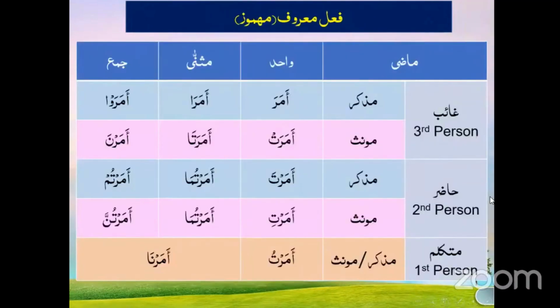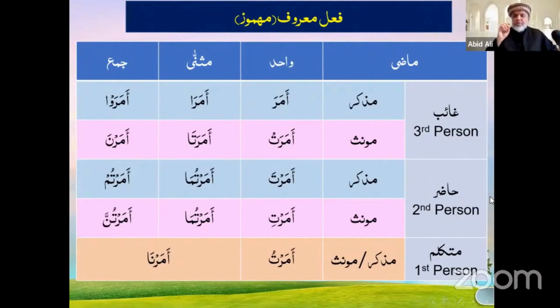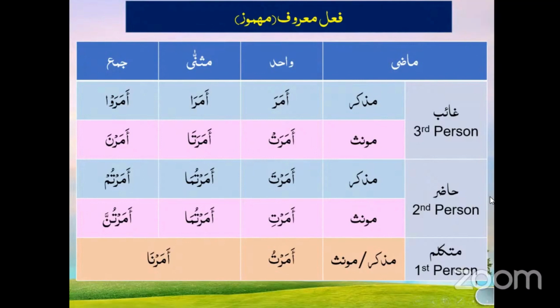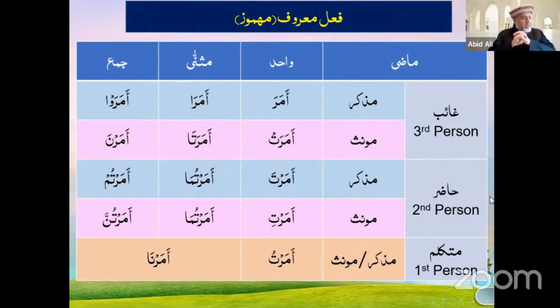Now look at this. If I take amara, with Hamza, Meem and Ra as my root letters, and put it into the Madi pattern, it will become amara, amara, amaru, amarat, amarata, amarna, amarata, amartuma, amartum, amarti, amartuma, amartum, amartu, amarna.